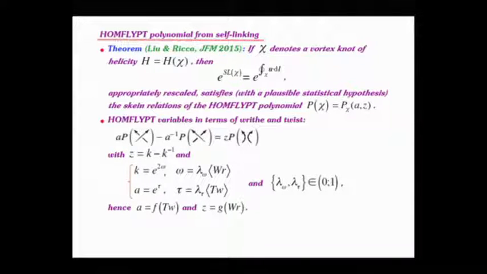Okay, so if I do this, I can relate, as I said, one variable to twist and the other variable to writhe. And these are interesting physical implications because, first of all, I can interpret the skein relations as a generic relationship between twist and writhe.